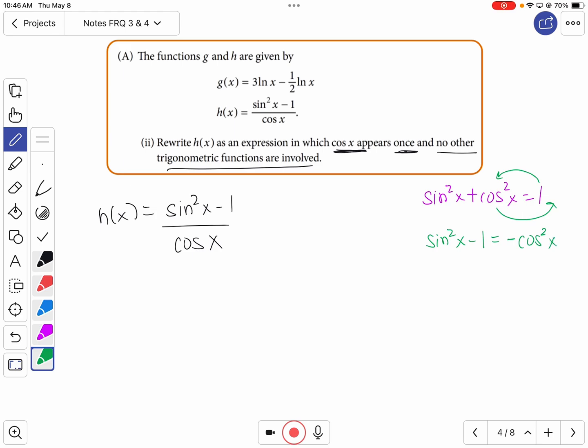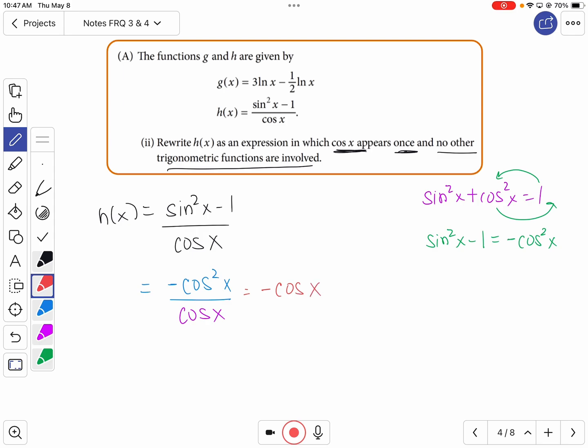So I'm going to take that entire top part out. h of x is going to equal negative cosine squared, and we're going to divide it by cosine. So if I got a cosine squared on the top and a cosine on the bottom, what do I really have? I have just a negative cosine on the top.